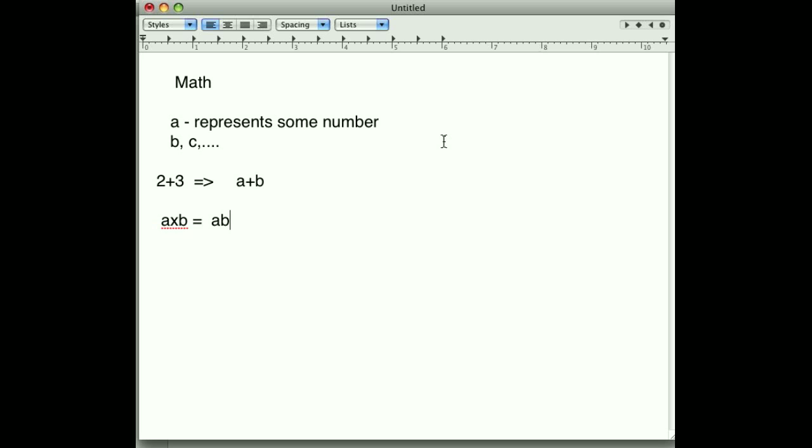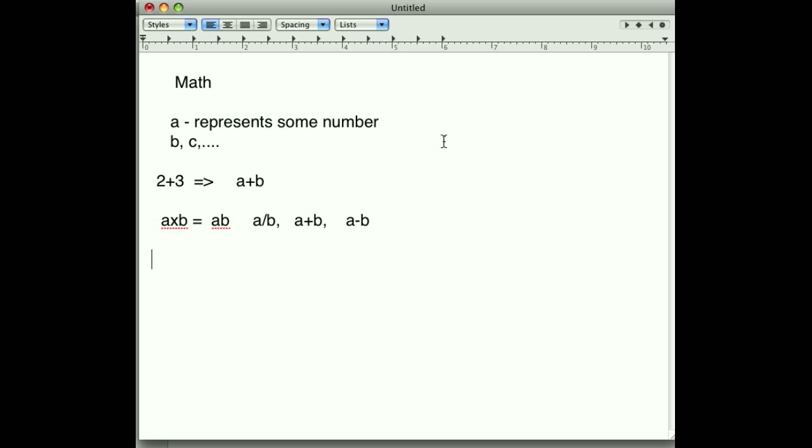If there is nothing between the letters, that means it's multiplication. Otherwise, we put the actual symbol. If we want to do A divided by B, it will be like this, or plus and minus, naturally A plus B, or A minus B. So those are the ways we do arithmetic calculations on those symbols that represent numbers.